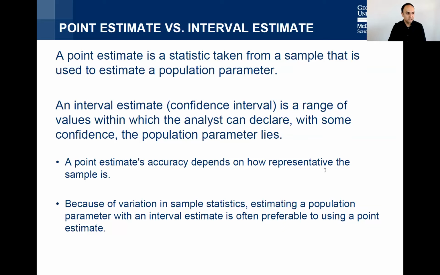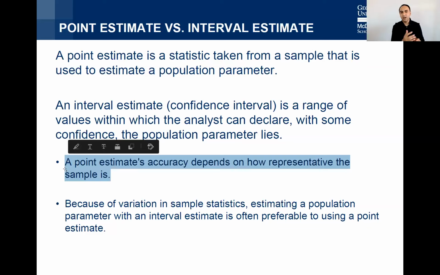So again, just to reiterate, the point estimate is the statistic taken from a sample that is used to estimate a population parameter. An interval estimate is a range of values within which the analyst can declare with some confidence the population parameter lies. A point estimate's accuracy depends on how representative the sample is, and I talked about that.